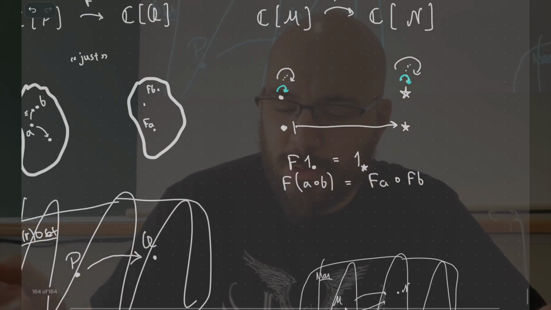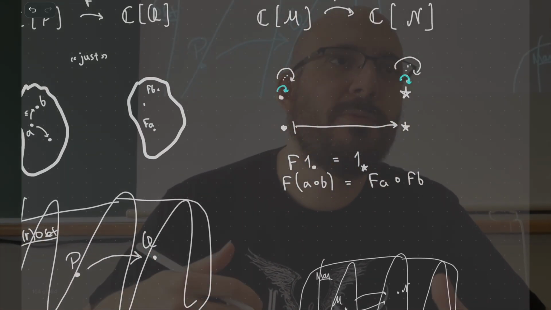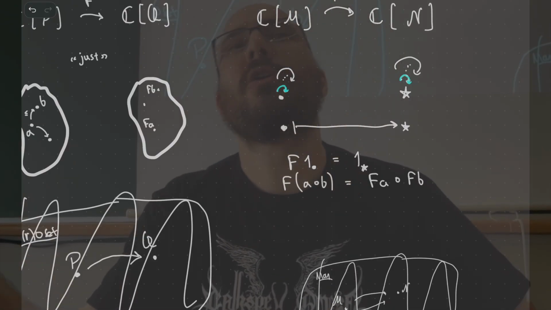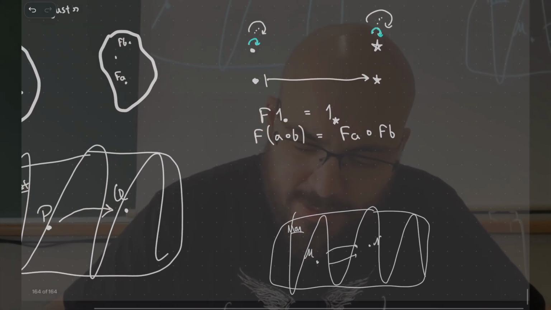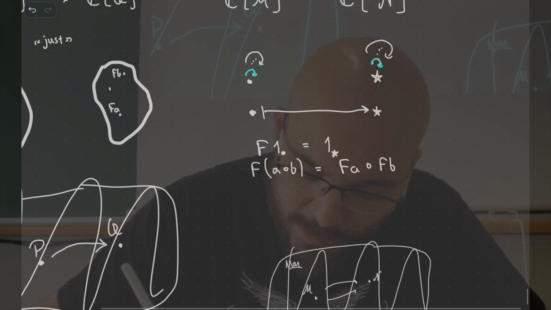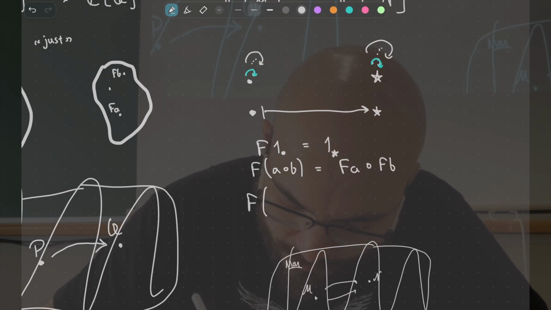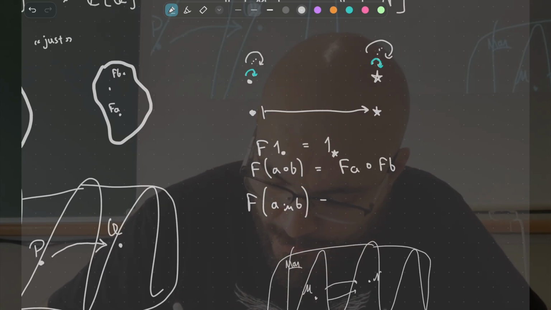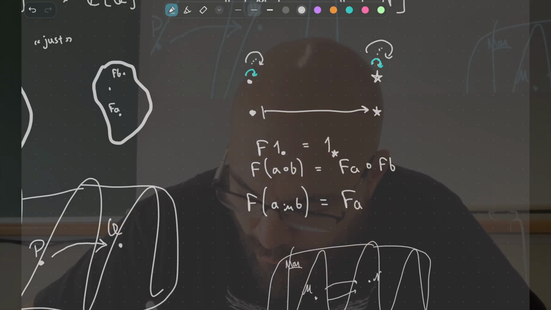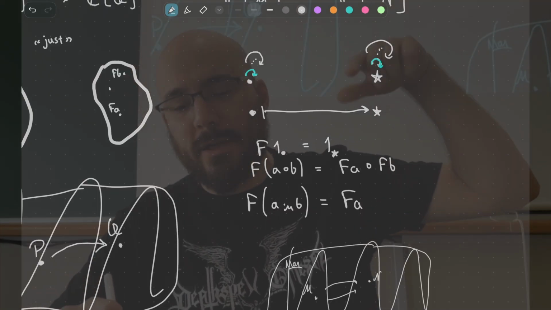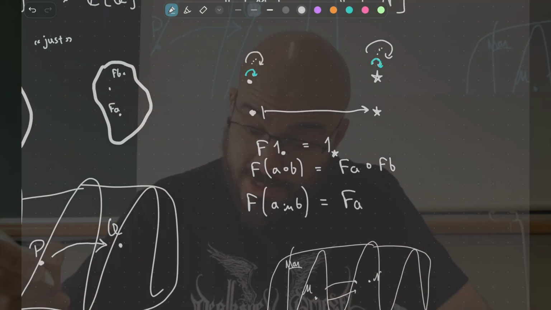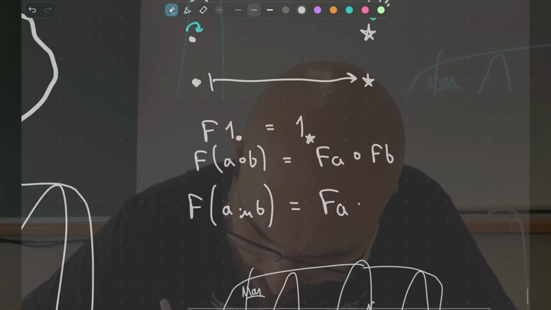And we said, for compositions, consult the monoid. And we said, for picking which is the identity, consult the monoid. So pretty much this is all the information that the monoid gives, it tells me how these things behave. So this would be something like F of (A operation in M B), and this should be F of A composed with F of B, but now I'm composing the arrows of the other category, and the definition of this category tells me that this comes from the monoid operation.